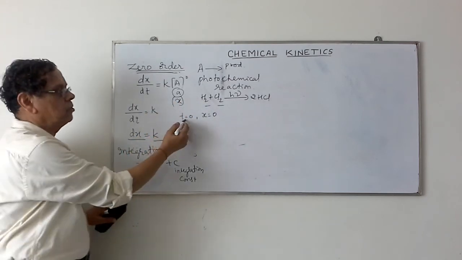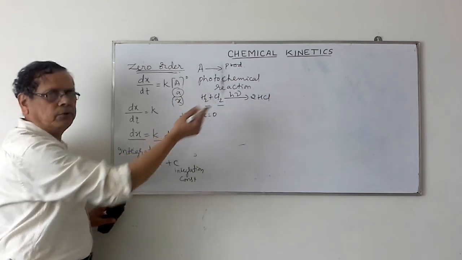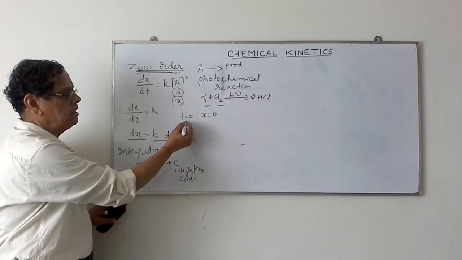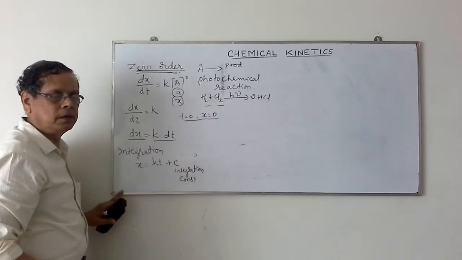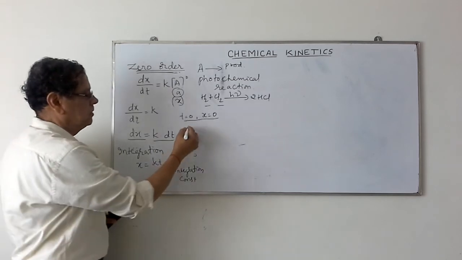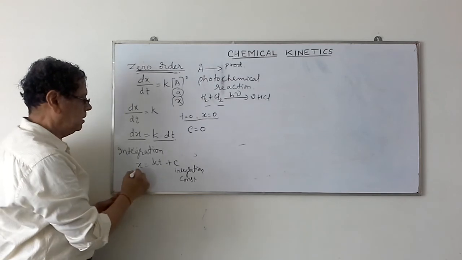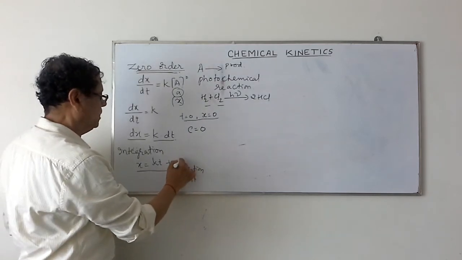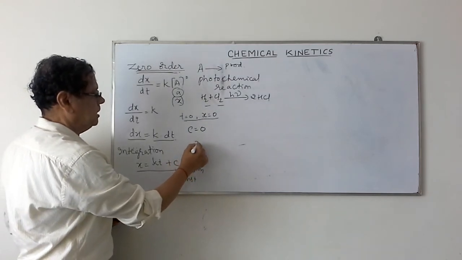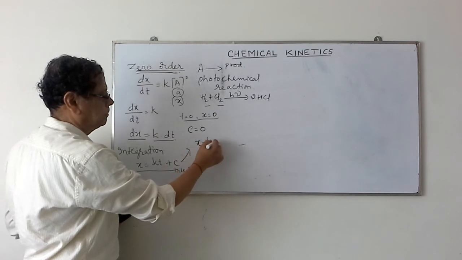So when t is equal to 0, no reactant is converted to product. That is, when t is equal to 0, x will be equal to 0. Substituting, c will become 0. Therefore, for a zero order reaction, we can rewrite this equation as x is equal to kt.